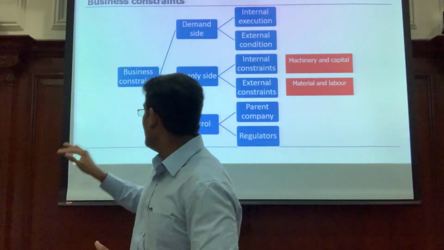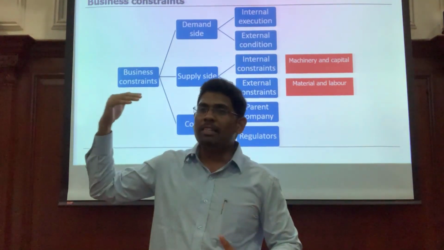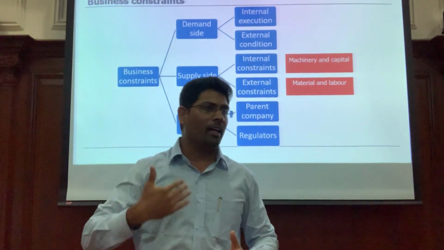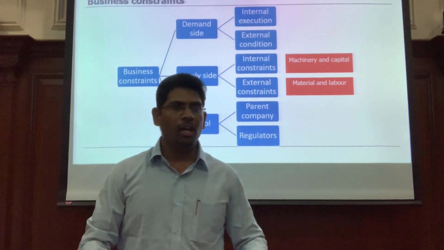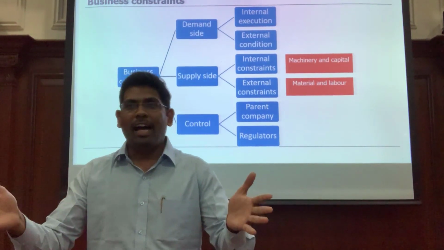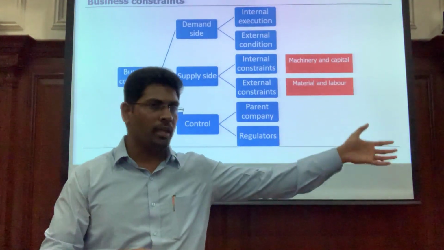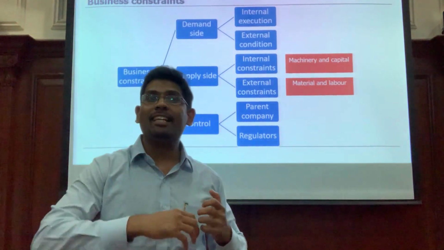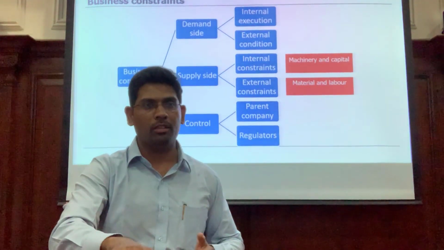That can happen. And then you can have control issues. Control issues being, sometimes if I'm a captive organization, I'm an SPV, and my parent company tells me what to do, what not to do. I am probably a company in India, which is owned by a company in the US. I can extend my sales, I can reach a lot of things, but my parent company says, this is it. You're not allowed to do anything beyond this.